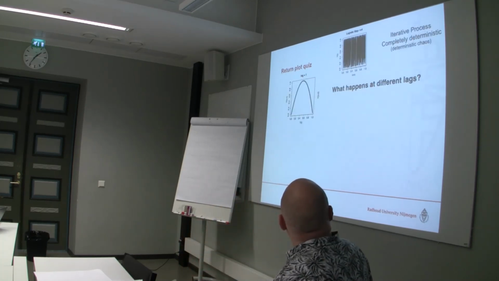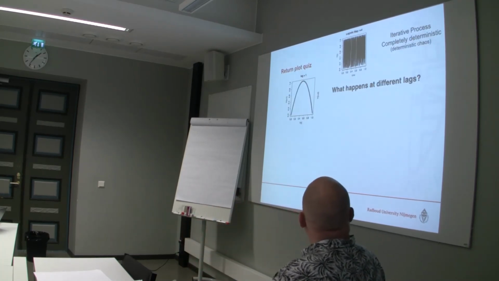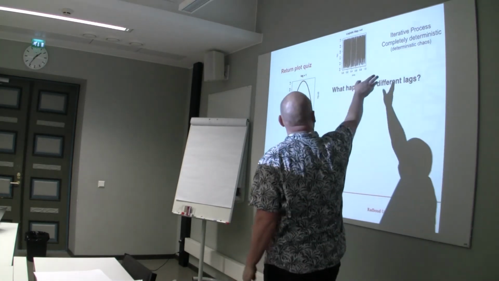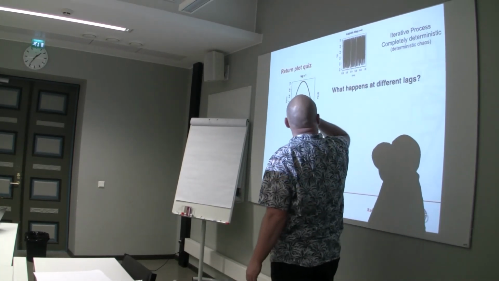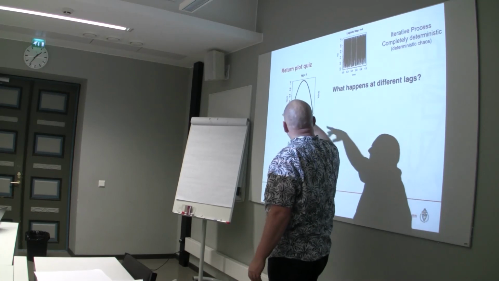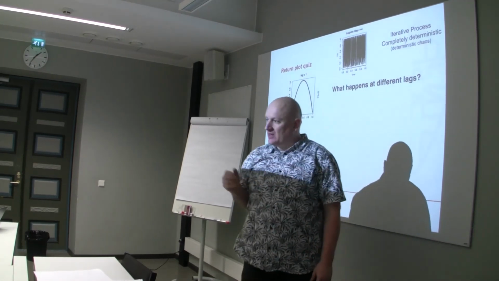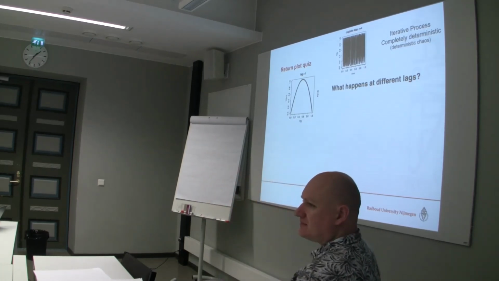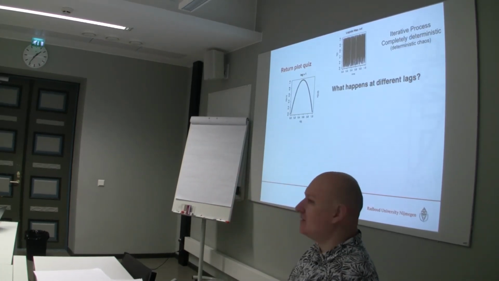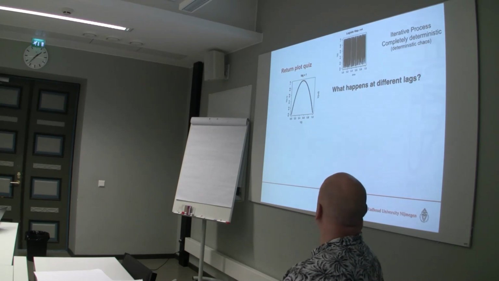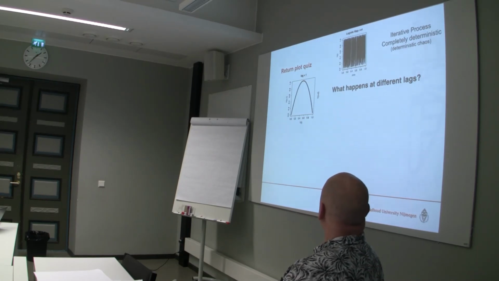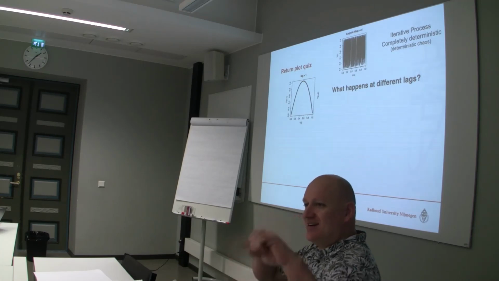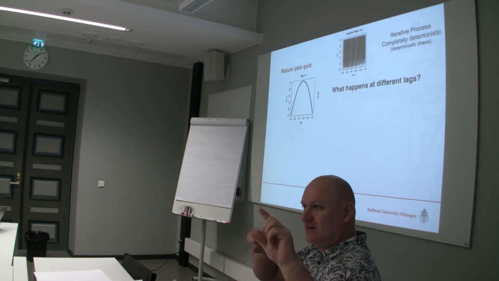Okay. So now this is lots of iterations of the logistic map. This is the lag 1 return plot. What happens at lag 2 and lag 4? What do you expect? It will start to shift a bit in between itself.